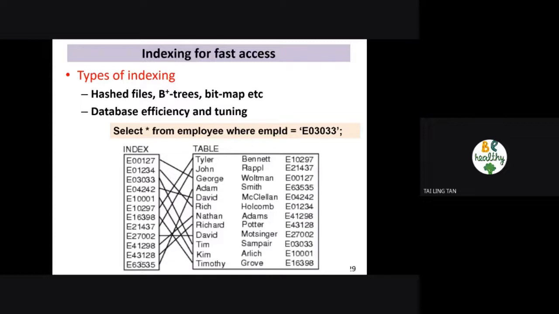For a computer system, searching something numeric is much faster compared to characters. So if we do indexing here and it finds a number, the database can very quickly point to a particular data.